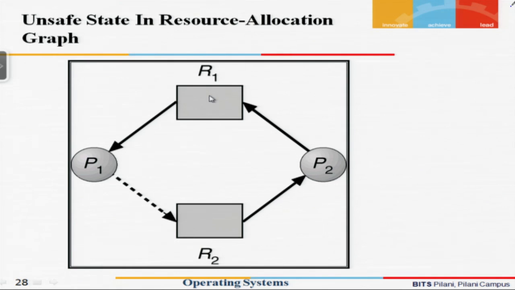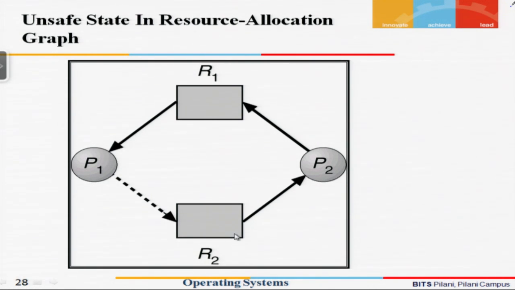For multiple instances, suppose we have 2 instances of the R2 resource, one instance is allocated to P2, and if P1 makes a request, even if it gets converted to a request edge, we can very clearly see that the second resource can be allocated to P1, and both of them can proceed. So P1 can execute, it has got everything.